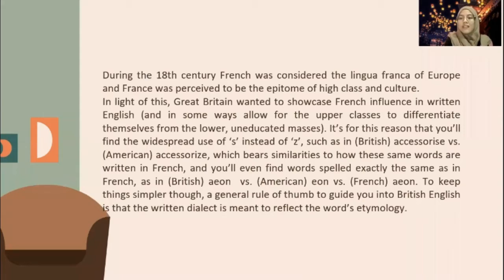It's for this reason that you will find the use of "s" instead of "z", such as in British accessories versus American accessories, which bear similarity to how these same words are written in French, and you will even find words spelled exactly the same as in French.